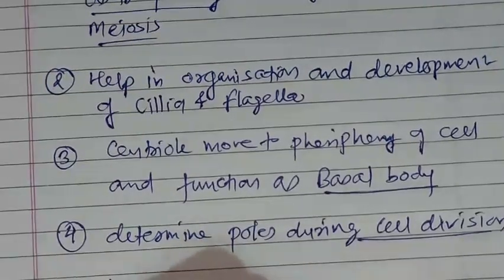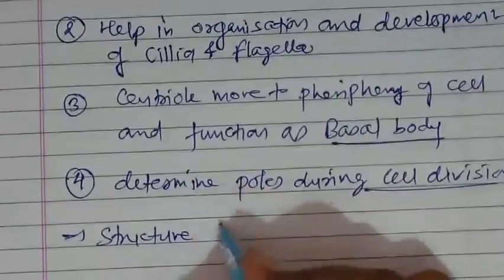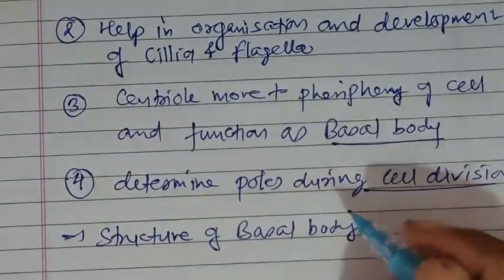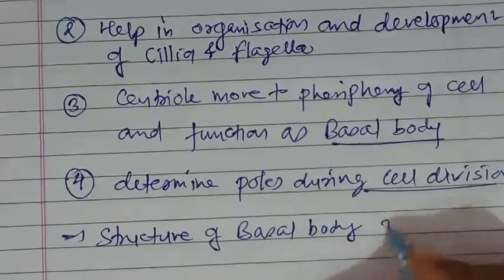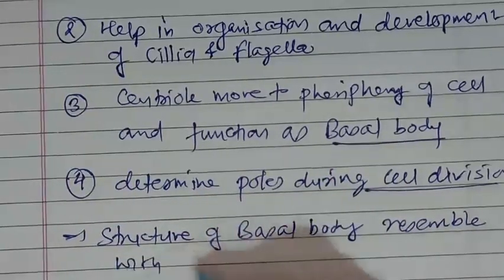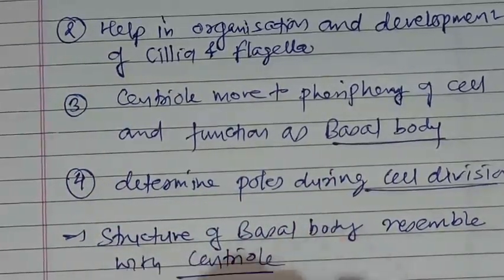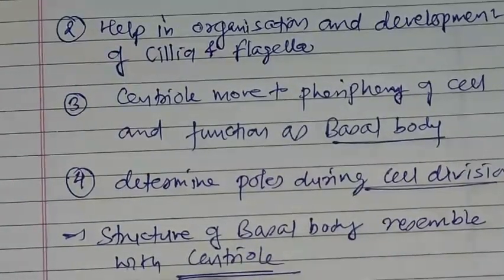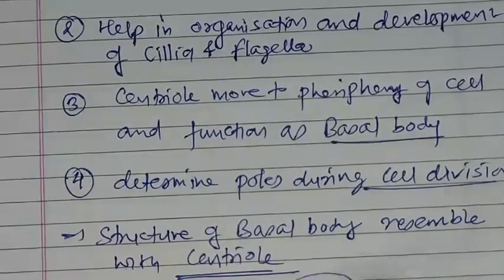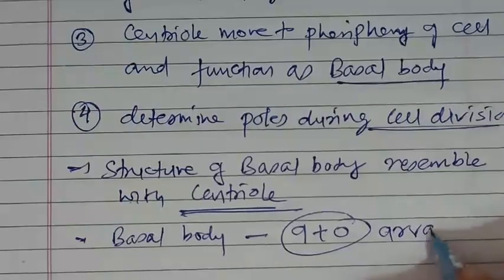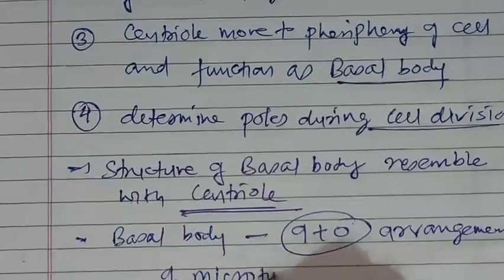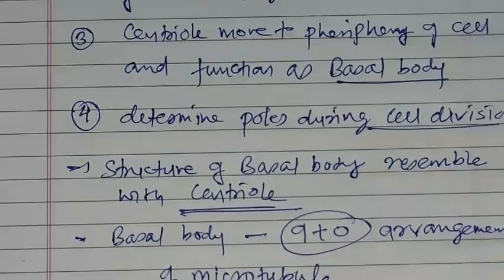The structure of the basal body of cilia and flagella resembles the centriole. So because of this, the basal body also has a 9+0 arrangement of microtubules.